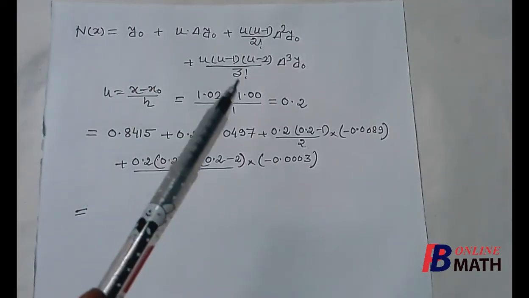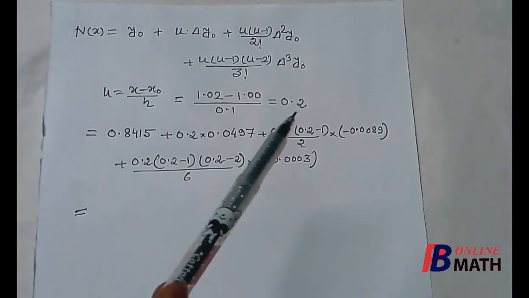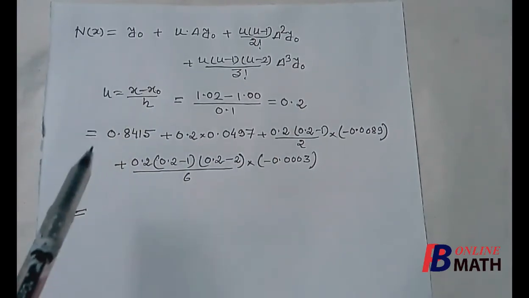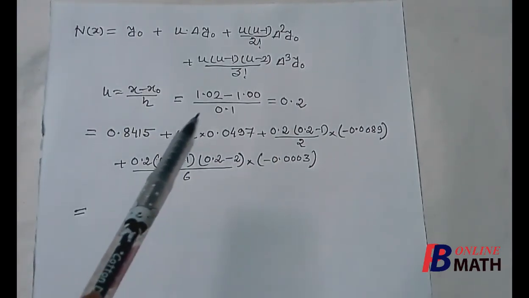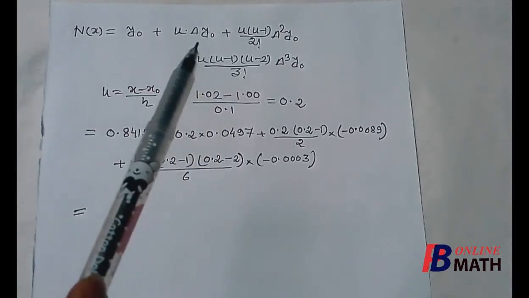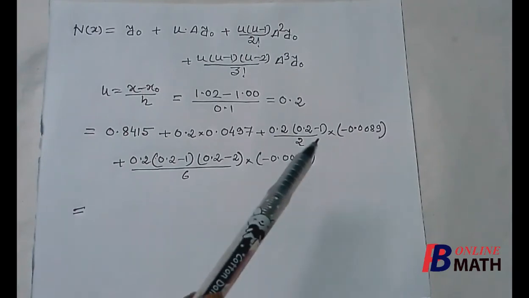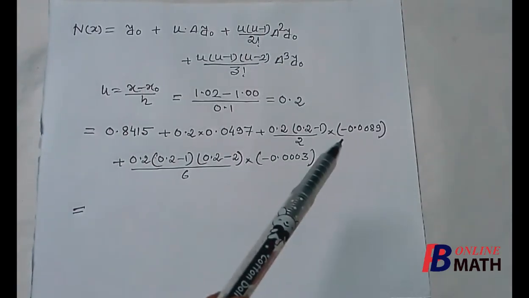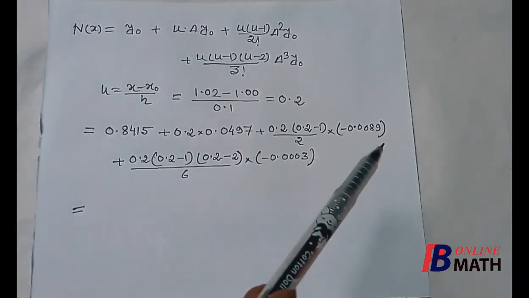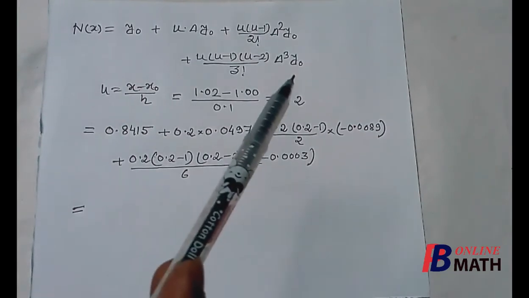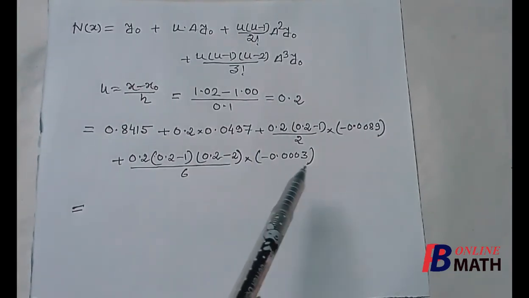Now in this equation we replace the value of u, that is 0.2, and we know that y0 equals 0.8415. From the forward difference table we find that the value of delta y0 is 0.0497. The value of delta square y0 is minus 0.0089, and finally the value of delta cube y0 is minus 0.0003.